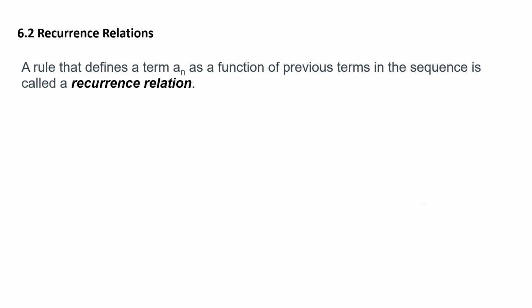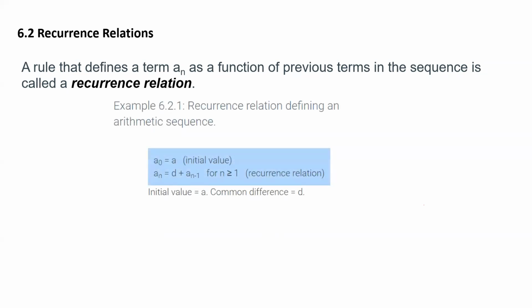Okay, so now we're going to talk about recurrence relations. So a recurrence relation is a rule that defines a term, A sub n. A sub n will be kind of like our general term. It defines that term as a function of the previous terms in the sequence. Okay, so you'll see here an example.